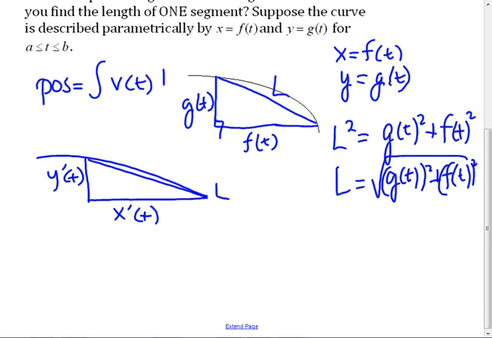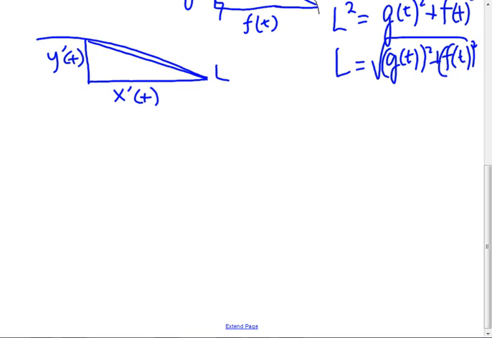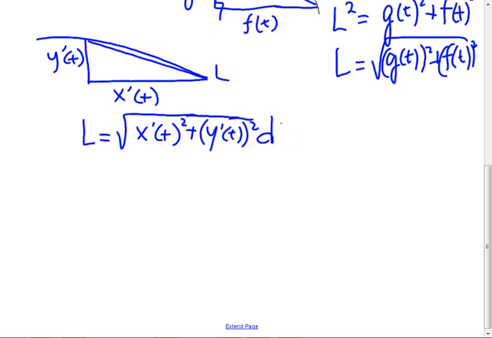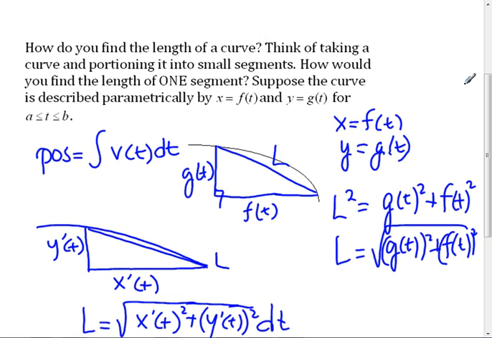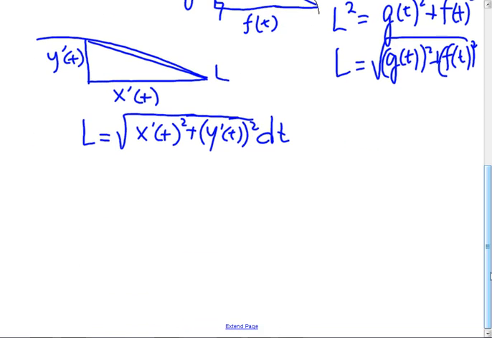So L is equal to the square root of x prime of t squared plus y prime of t squared. When I add up all the little velocities, that's why it has to do with velocity.